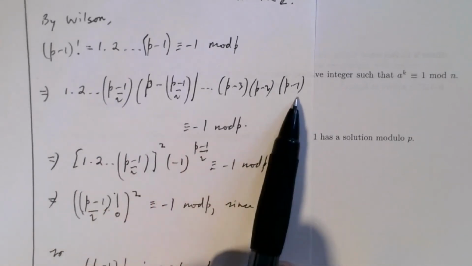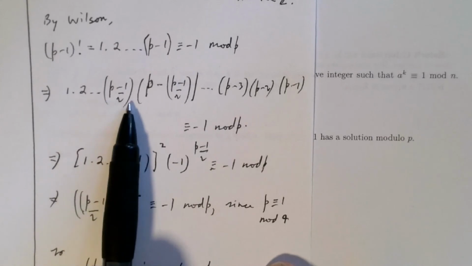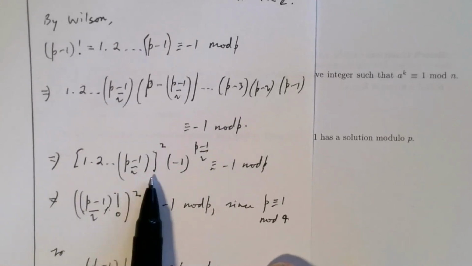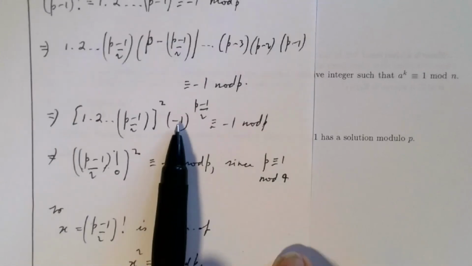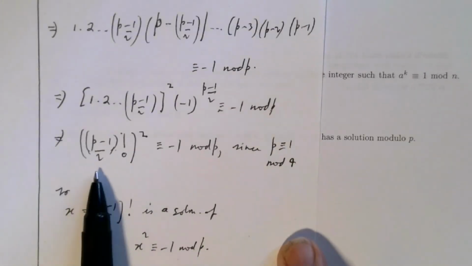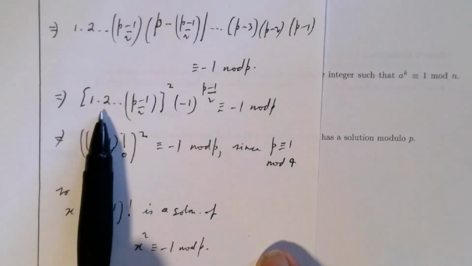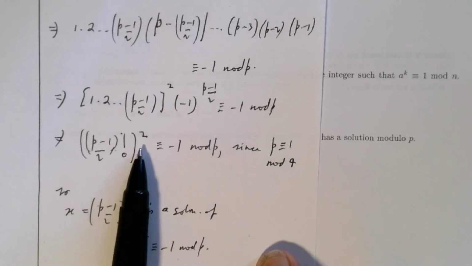So if I read this way modulo p, I'm just going to get these numbers squared. And I'm going to get a whole pile of minus 1s. In fact, I'll get (p minus 1) over 2 minus 1s in that product. And again, that's still congruent to minus 1 mod p. Now, this mess here is just ((p minus 1) over 2)! all squared.